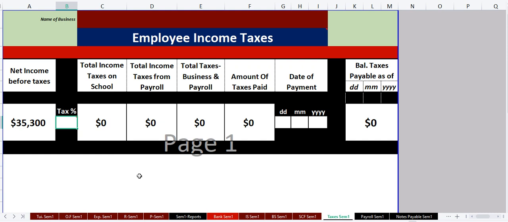So you know your percentage, but for this I would say 4% is what government deducts from this money. So when you put a 4 here, you will see automatically that we owe government $1,412. Now this amount continues here, as you can see.